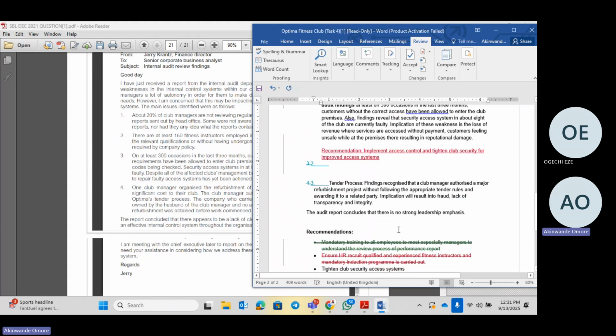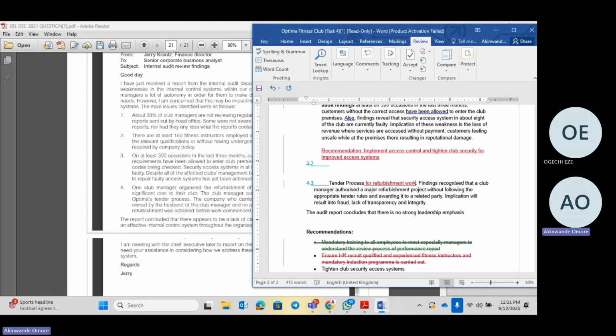Next one is for tender process. Tender process for what? Refurbishment work. Yeah, the refurbishment work.